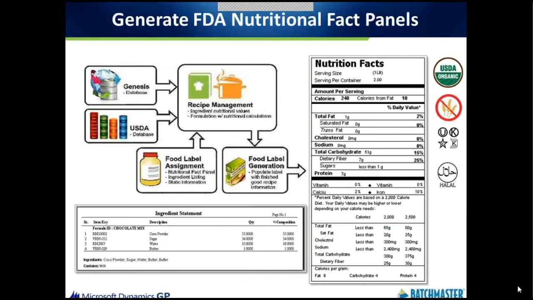Now, just to make a note, if you're a food manufacturer, you can generate FDA-compliant nutritional fact panels. So we're using Genesis USDA information and your recipe management basically to generate the labels, ingredient statements, along with kosher and USDA, non-GMO, all those types of labels as well can be generated.